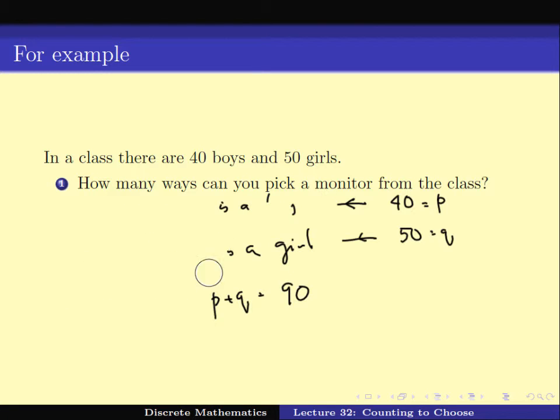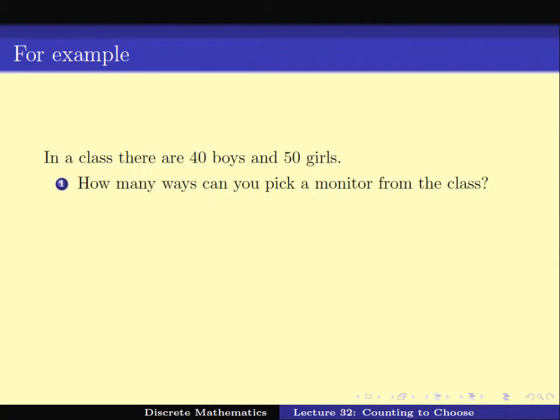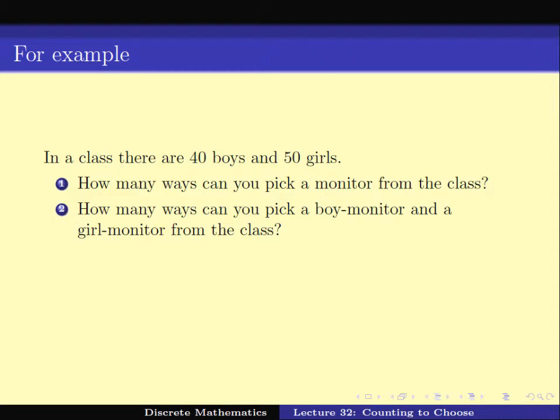Now, let me ask the second question. How many ways can you pick a boy monitor and a girl monitor from the class? So, I want to pick two monitors. First of them will be a boy monitor, second one will be a girl monitor.